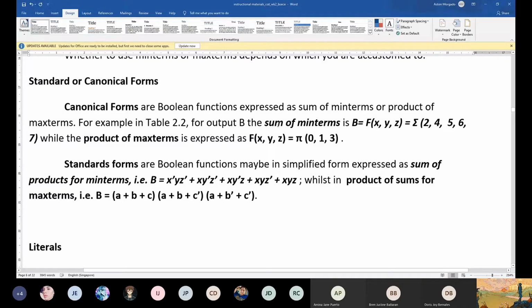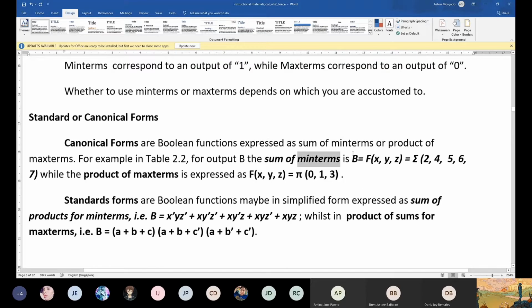So, example for output B, sum of minterms is 2, 4, 5, 6, and 7. When you say minterms, it corresponds to an output of 0 or 1? 1, ma'am.